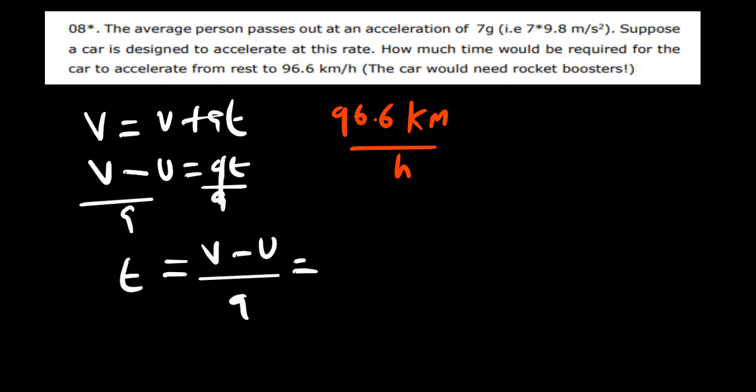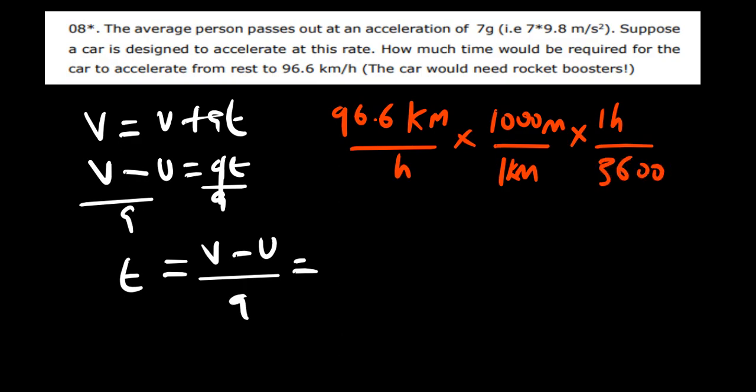So it means we have to convert that to meters per second. 1 kilometer is the same as 1000 meters, multiplied by, in 1 hour, how many seconds do we have? 1 hour has 3600 seconds.